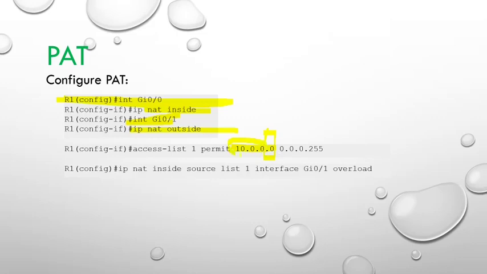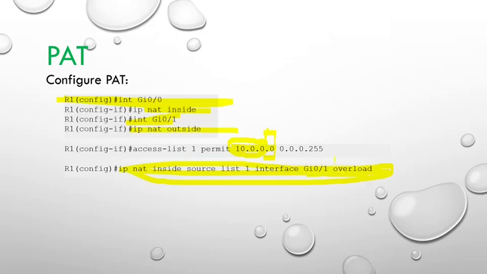With this network, 10.0.0, can match or can be given permission by the router to go out. No? And then, of course, the IP NAT inside source list will be assigned, overloaded to a specific outside interface, which is now your gigabit 0/1.